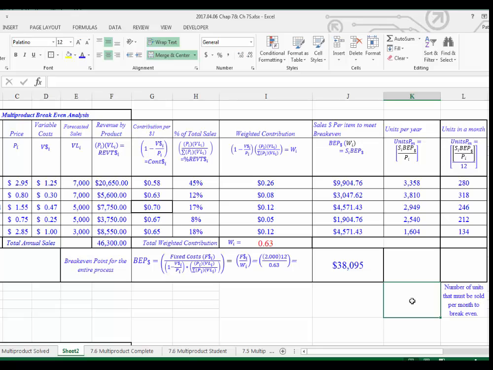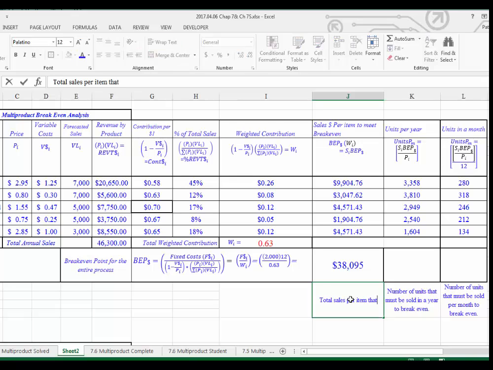And right here, this is the number of units that must be sold in a year to break even. And this one here is the total sales per item that must be sold to break even.